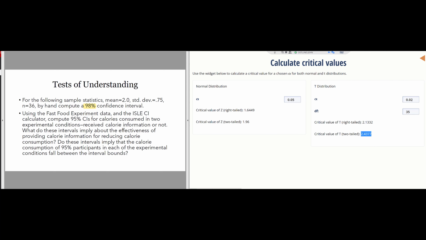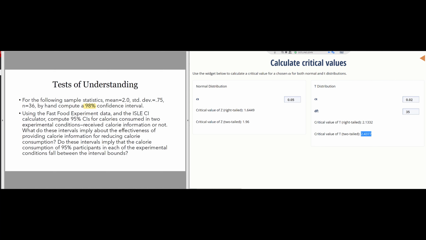0.75 divided by 6 is conveniently 0.145, I believe. Is that right? Well, we'll pretend. And we want 2.4377 times that.